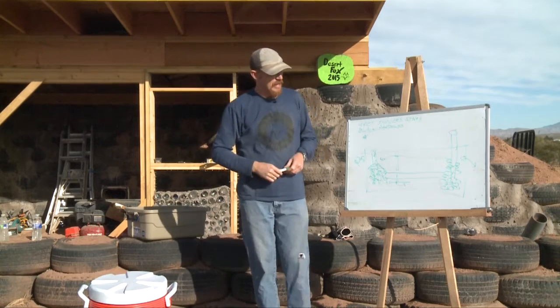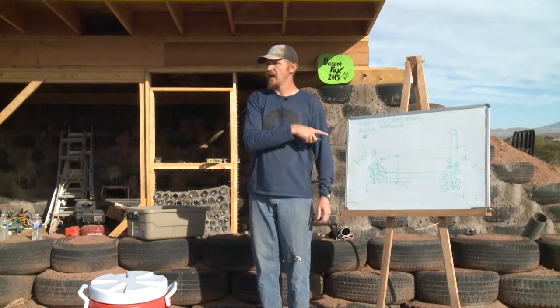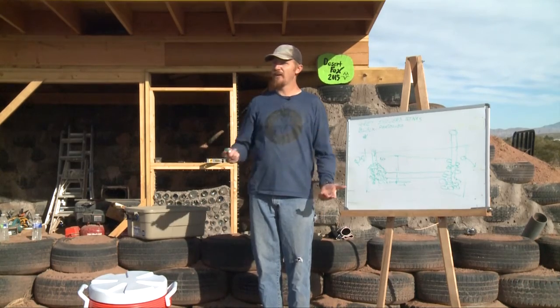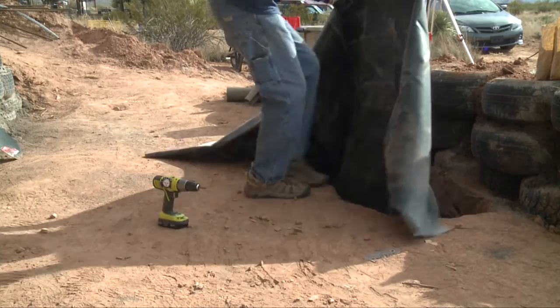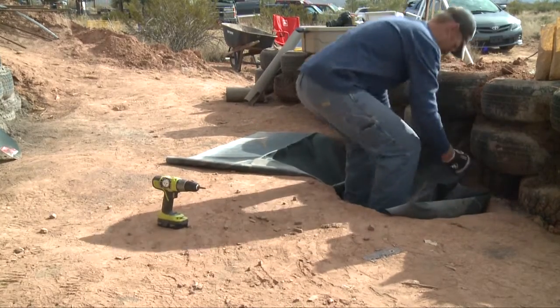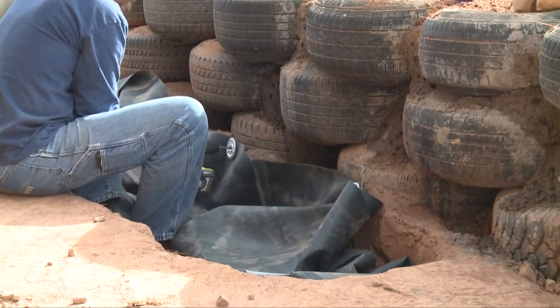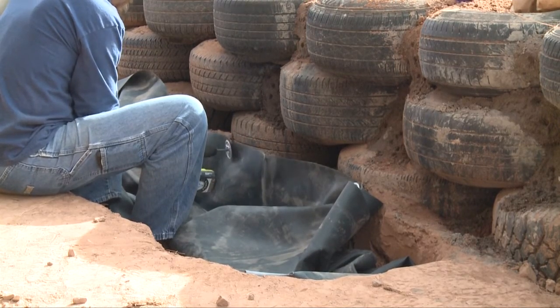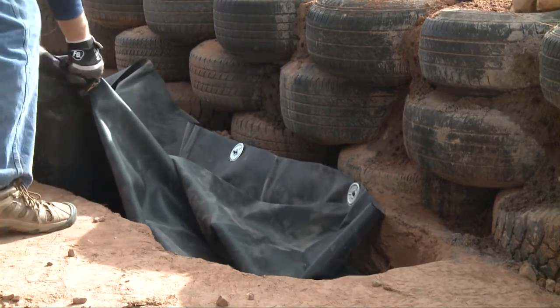Now, can I just dig a pit and put all this stuff in there and have that work? No, right? I've got to have something to line it. What we're using is a rubber pond liner called EPDM. A lot of the pond liners that you get are PVC, and those aren't flexible. This stuff is super durable, but it's flexible.